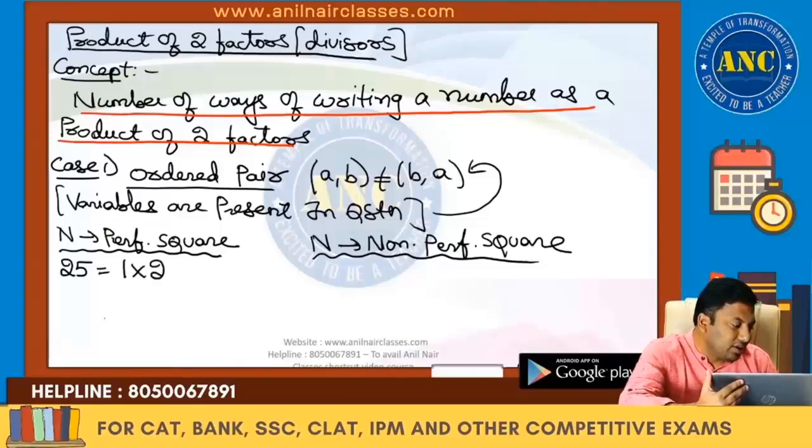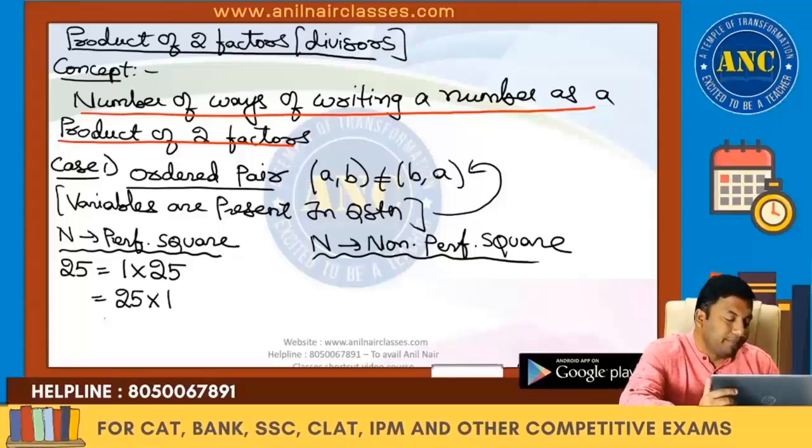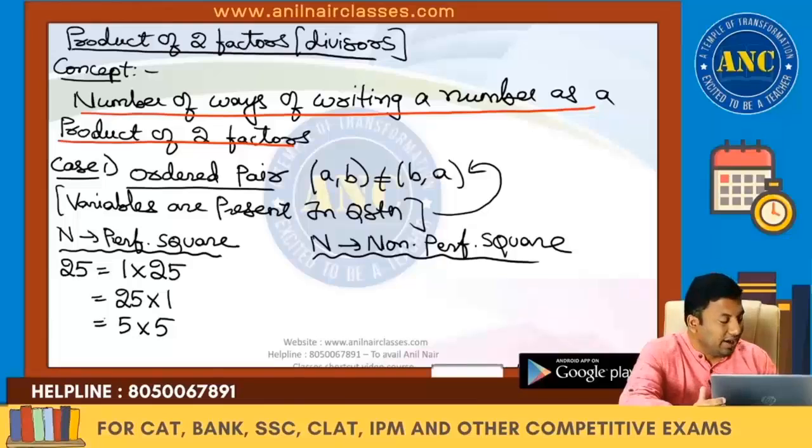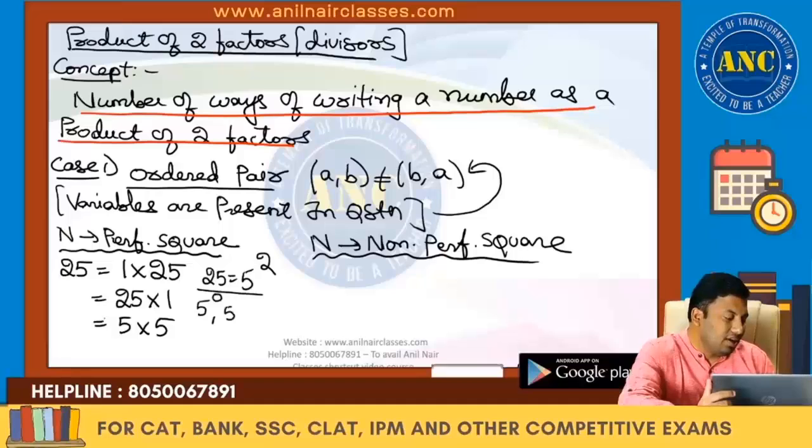25 is 1 into 25. Reverse is also valid, 25 into 1. 5 into 5; reverse is also 5 into 5, so you don't need to write it again. 25 is nothing but 5 square. How many factors are there for this number? 5 power 0, 5 power 1, 5 power 2.